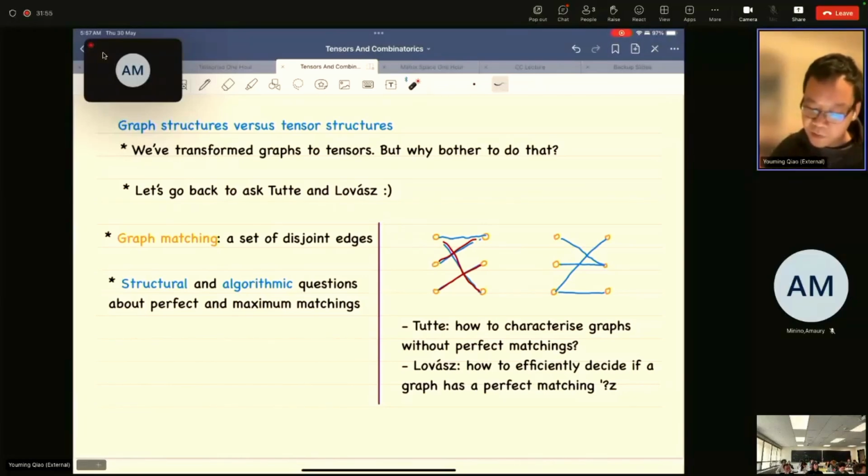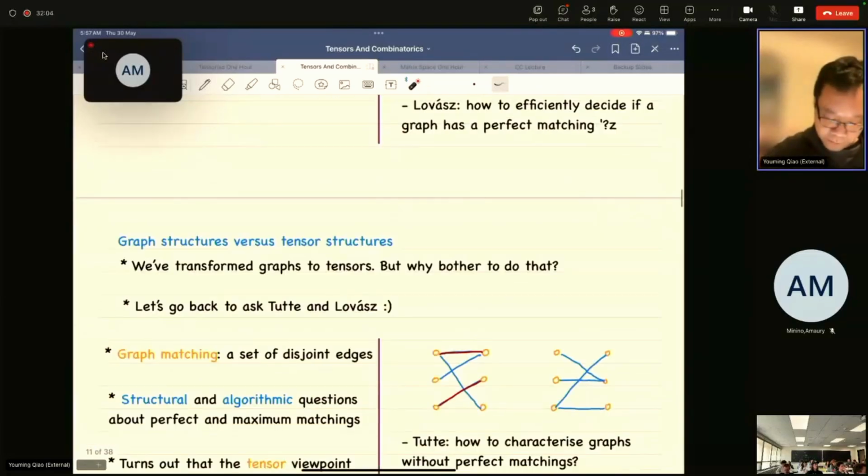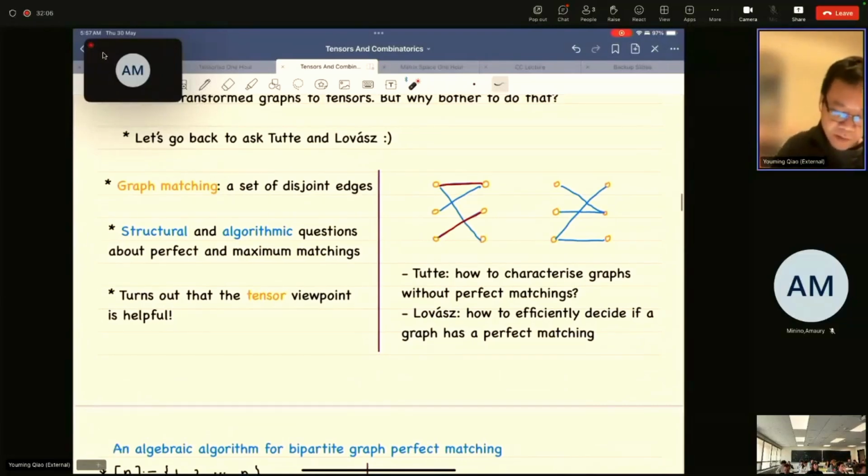He also observed that this tensor construction would be useful. We will see that very soon. So it turns out that this tensor viewpoint is helpful for Tutte and Lovász to consider the structural and the algorithmic questions about tensors.